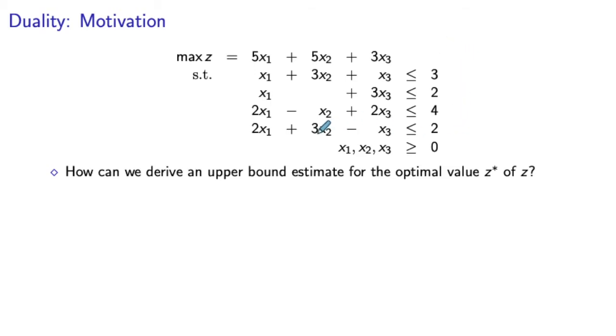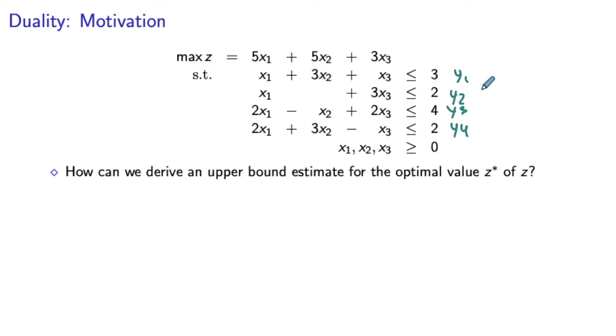And again, the motivation is how can we derive an upper bound estimate on the optimal value z star of z here. Okay, so what we'll do, we'll introduce these multipliers y1, y2, y3, y4 for the constraints of the primal LP in order to obtain the dual LP. So you see, there is one dual variable that corresponds to a primal constraint.